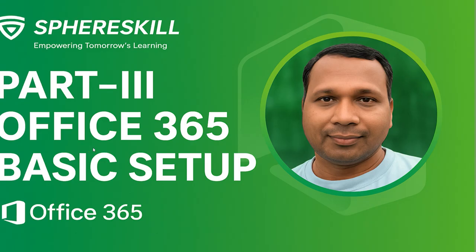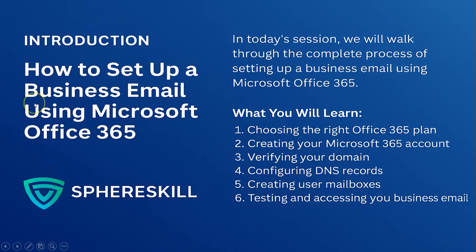So today we are going to see the part 3 portion of Office 365 setup. We have already completed part 1 and part 2, wherein we have covered how to set up Office 365 Basic from scratch, and we have configured the domain, and we have purchased the Office 365 Basic trial pack from Microsoft.